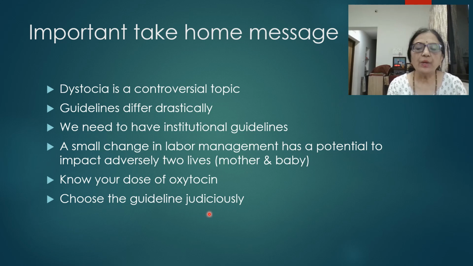Depending on that, we need to have our own guideline, and how many intrauterine growth restricted patients we have, how is our perinatal care, how is the neonatal care facility, how is our overall infrastructure. All these factors will decide which protocol we should follow, and accordingly we have to select the protocol.